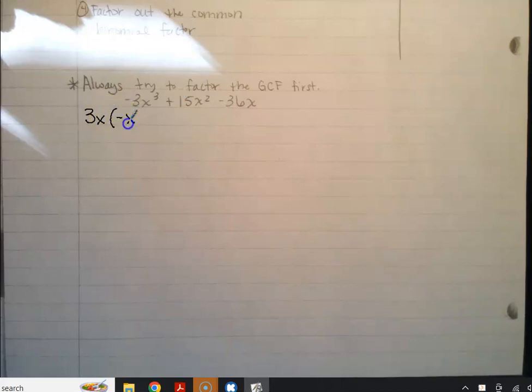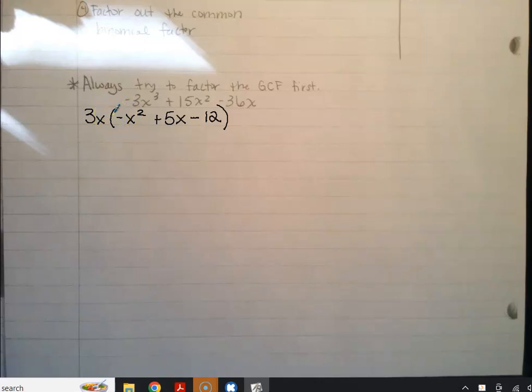So it's going to leave us with negative x squared plus x minus 12. The reason I say it's preference: if we leave the negative, which form do we have to use?